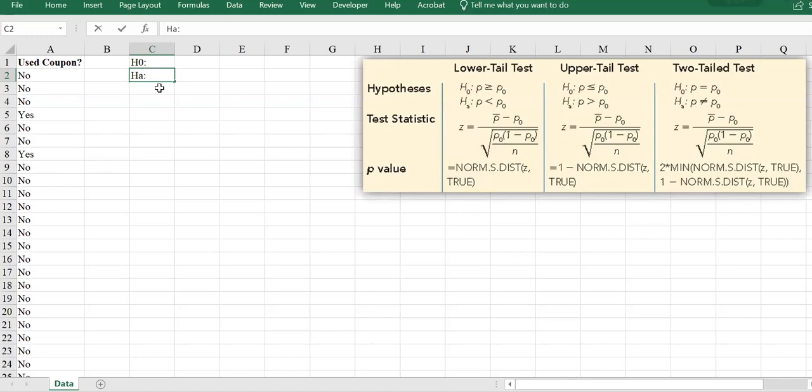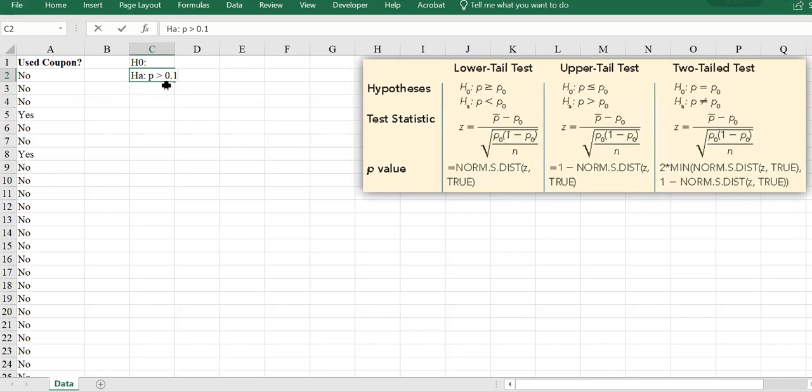So what is that statement? It says the proportion of people who use the coupon is at least 10% or more than 10%. The claim is whether the promotion is a success or not.